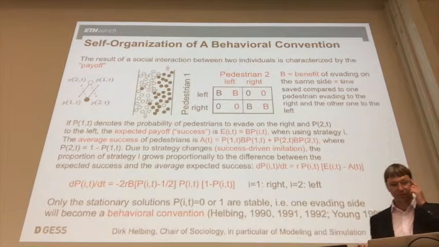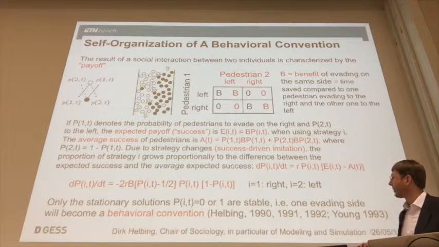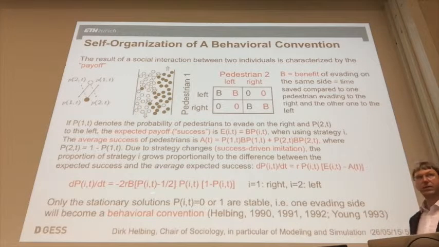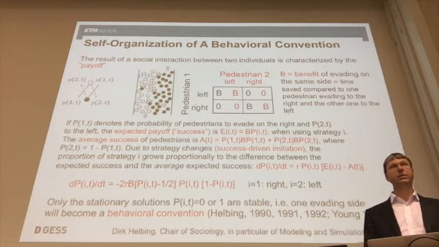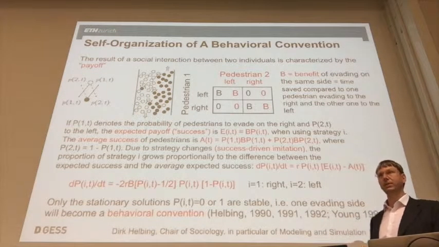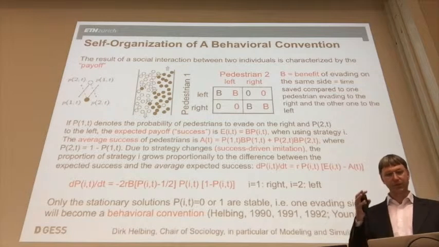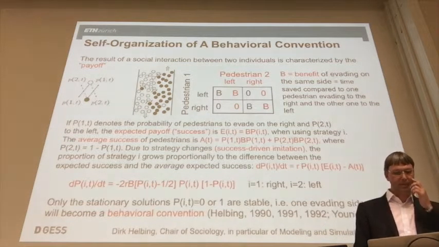The stationary solution is defined by the change of the proportion of people showing behavior i with time being set to 0. So when this is 0, there's no change, and that happens if p equals 1/2. That means if there's a 50-50 situation, 50% of people go to the left, 50% of people go to the right. But there's also a stationary solution for p equals 1 or p equals 0. That means everyone going to the right or everyone going to the left.